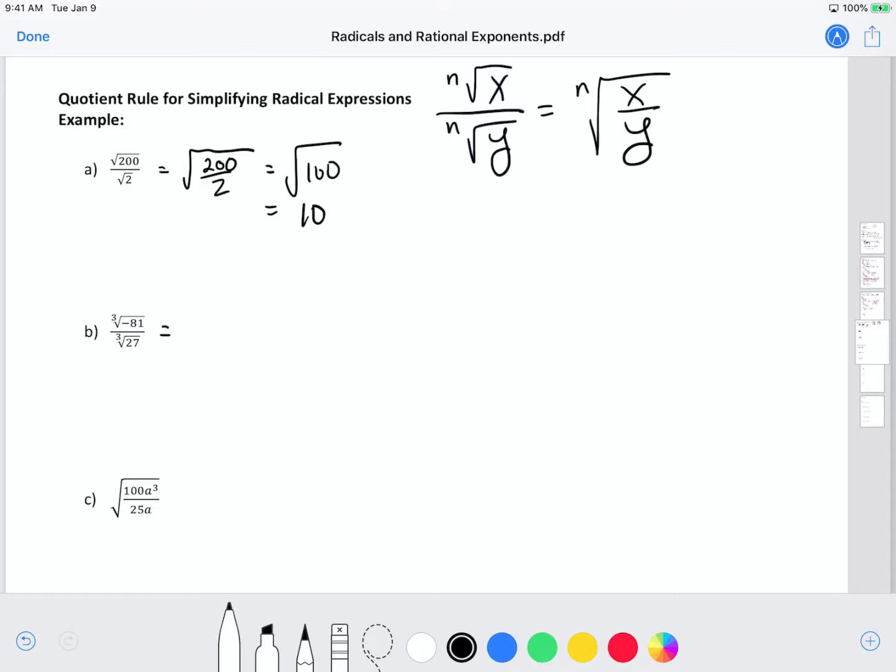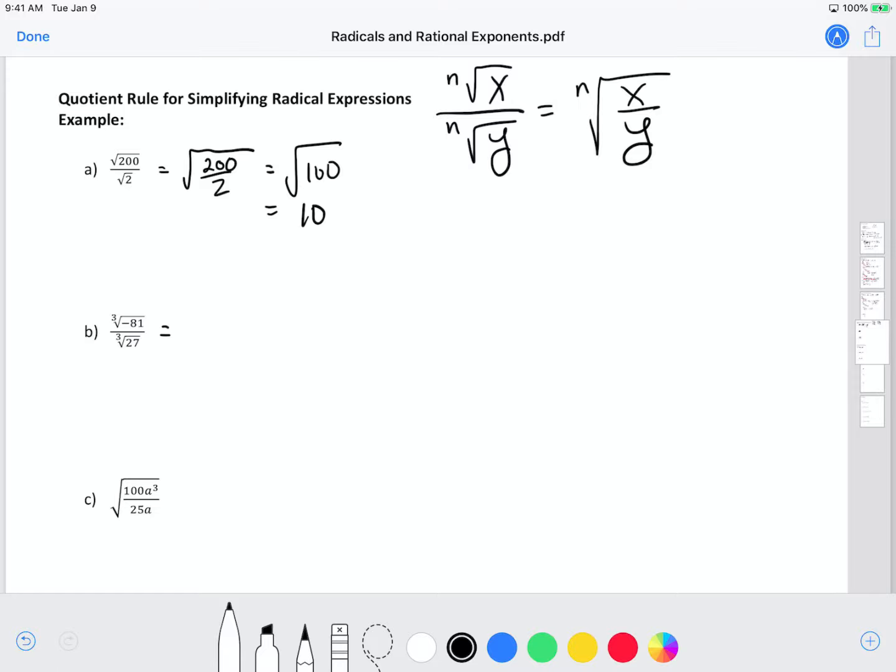In example B, we're going to look to see if we can do the cubed roots separately, and if we can't, we'll try to combine it into one cubed root and divide. I cannot take the cubed root of negative 81 nicely, but I can take the cubed root of 27 nicely.